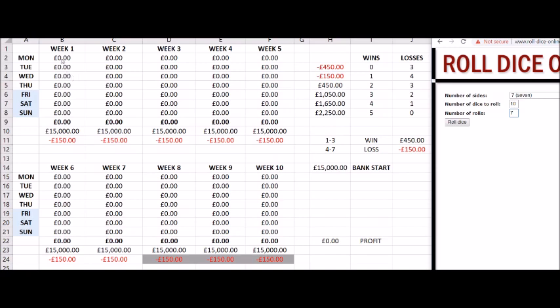I know some people will do it day by day. After Monday's results have come in, based on the balance of their account, they'll apply the percentage-based rule, and then for Tuesday the liability will change based on the balance from the day before.